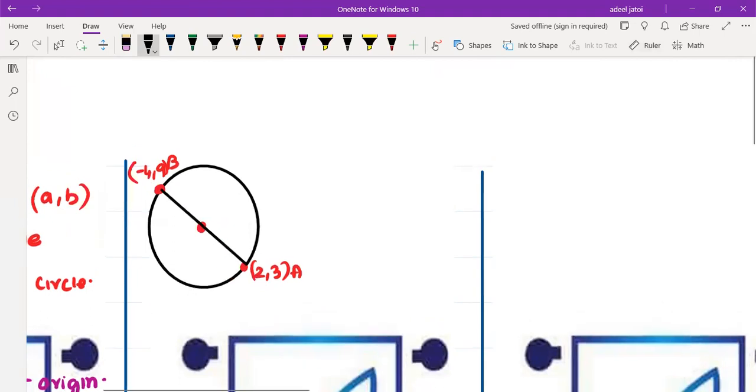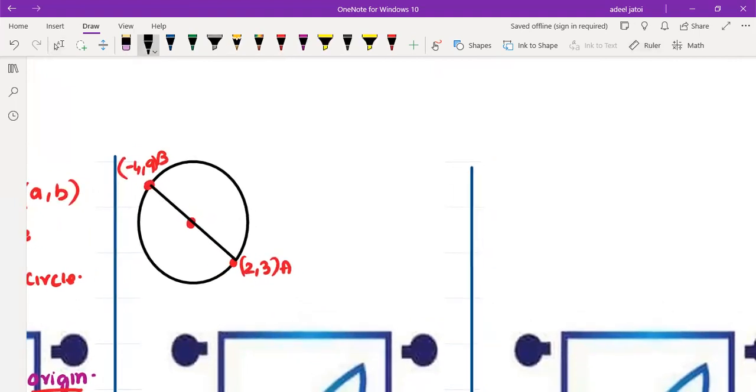And we can easily take out the midpoint of the two coordinates on the circumference. So the midpoint of the diameter is equal to the center of the circle.